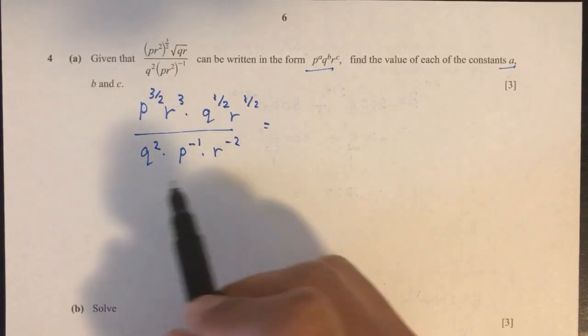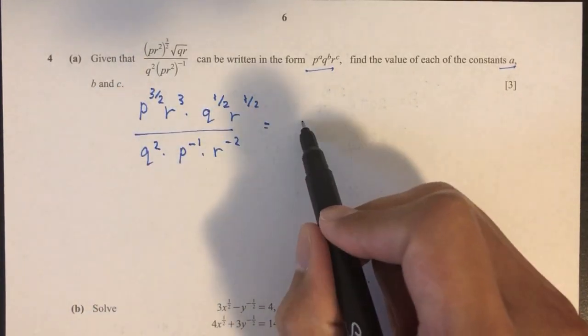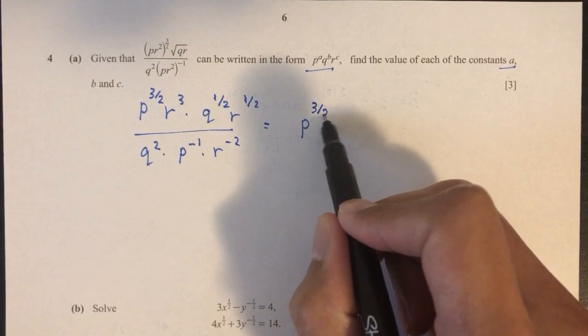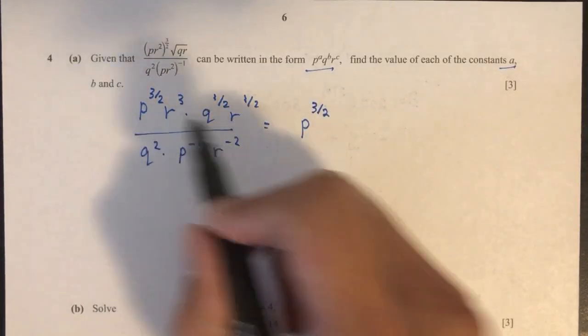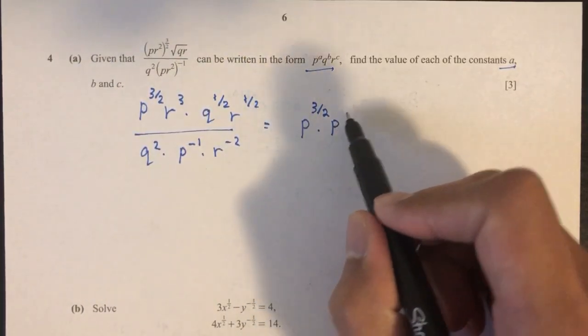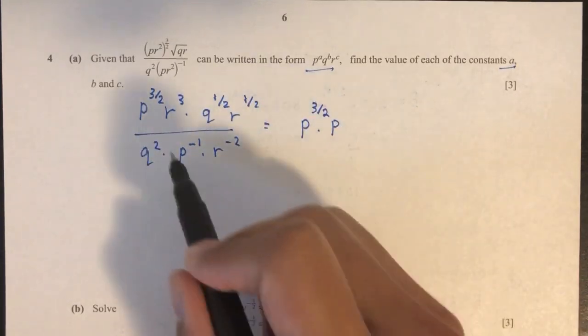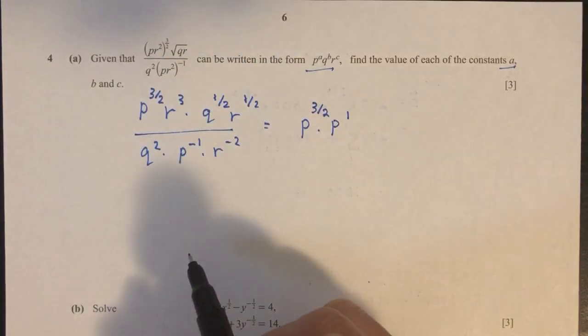Simplify. So let's bring p together. We will have p^(3/2). Let's bring this up. You will have p^(-1), when you go up, it becomes p^1.